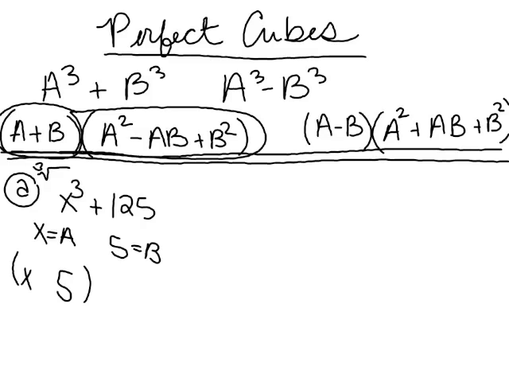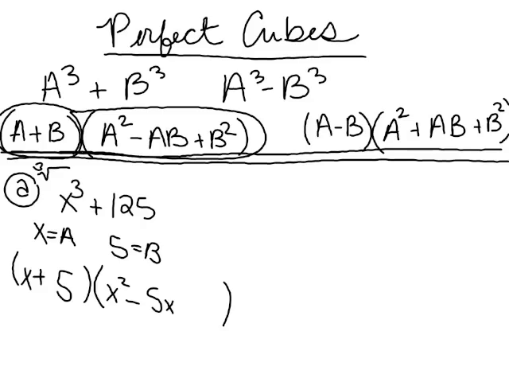Okay, so I have a plus b, and then in my second set of brackets, I have a squared. So what's my a value? x. So I have x squared minus a times b, so 5x, plus b squared.